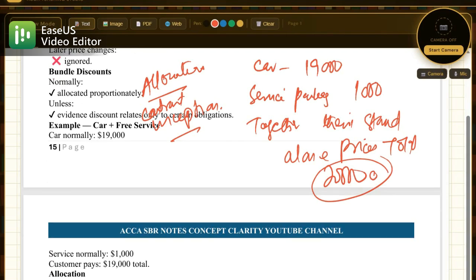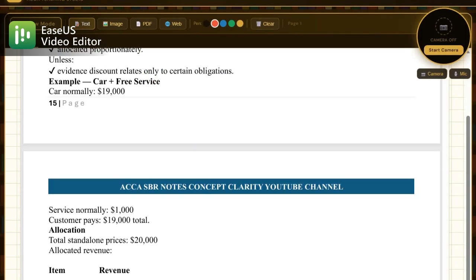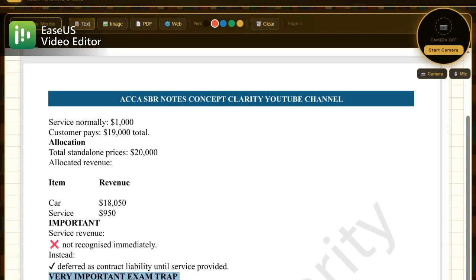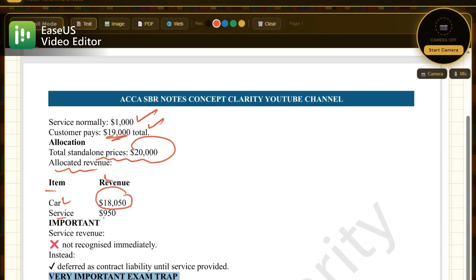Now we have a question: the car is 19,000. This is the normal service price, and this is the total stand-alone price. Revenue allocation should be like this: item, car, and service, with the revenue for each.